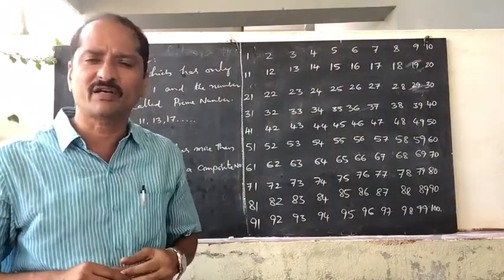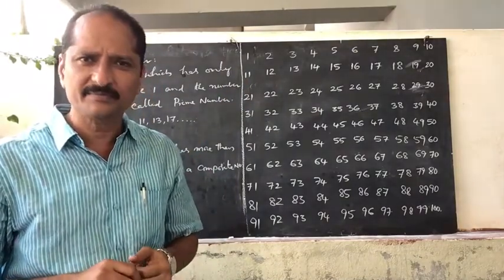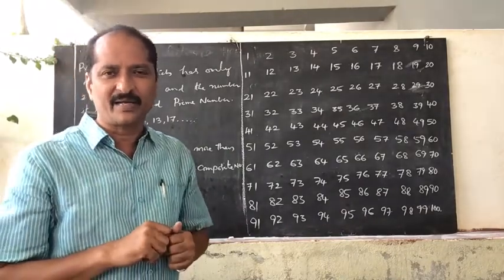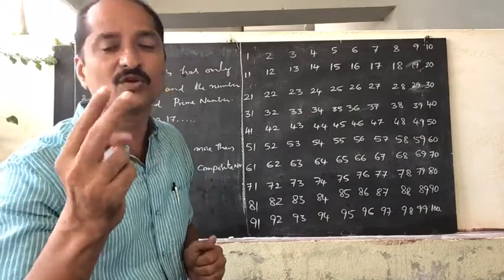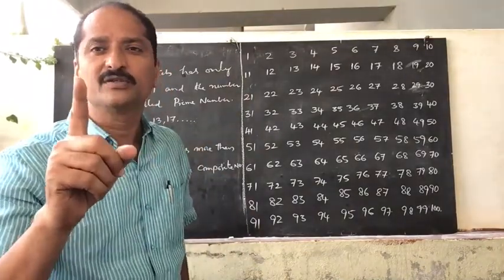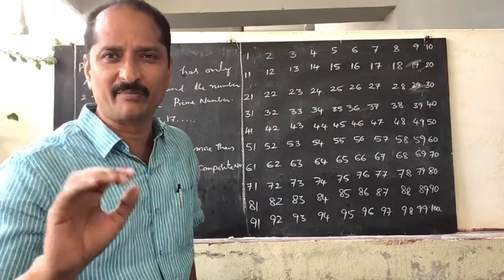It has only one factor. Is it a prime number? Prime number should have at least 2 factors. But 1 has only one factor, so it is not a prime number.